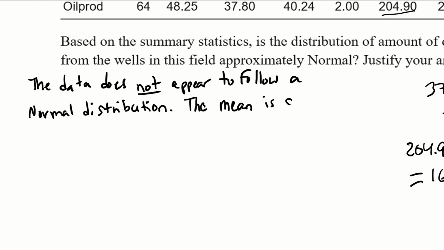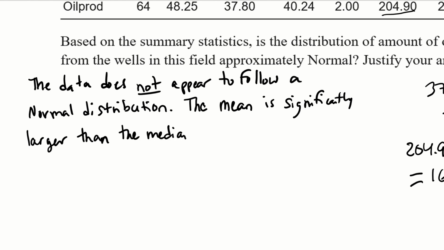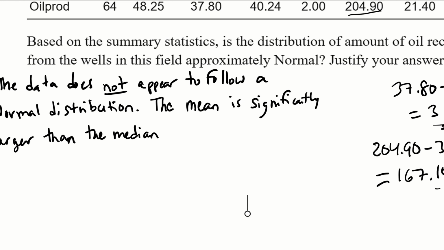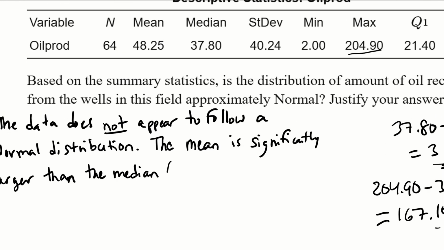The mean is significantly larger than the median. In this example, the mean is significantly larger than the median. And then we'll say, okay, 48.25 is greater than 37.80, just showing the two numbers here.